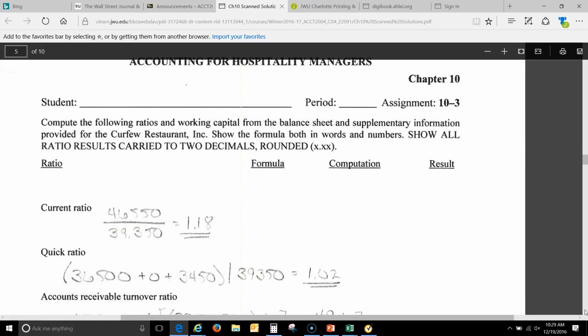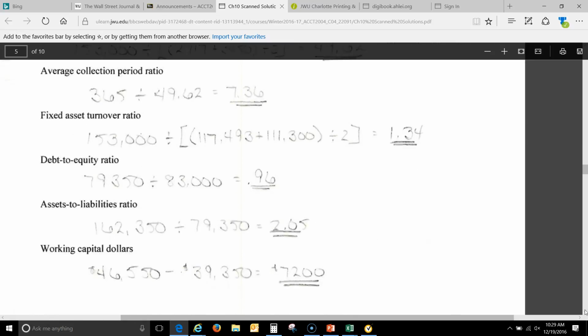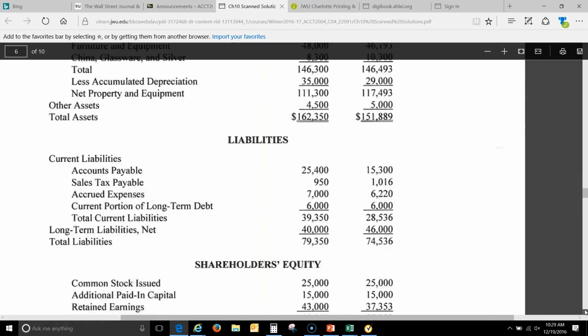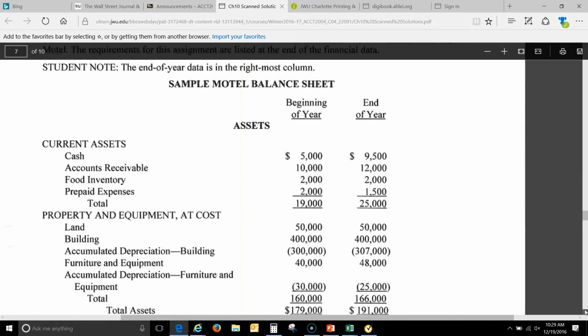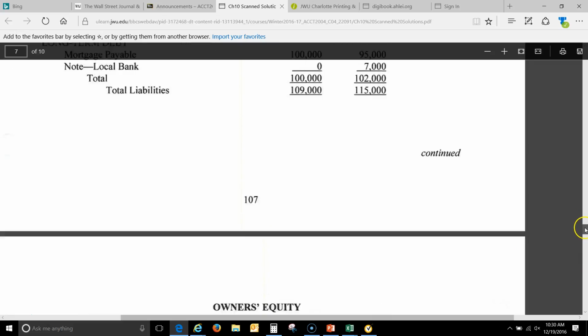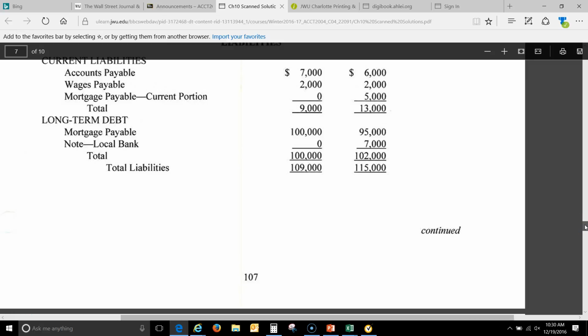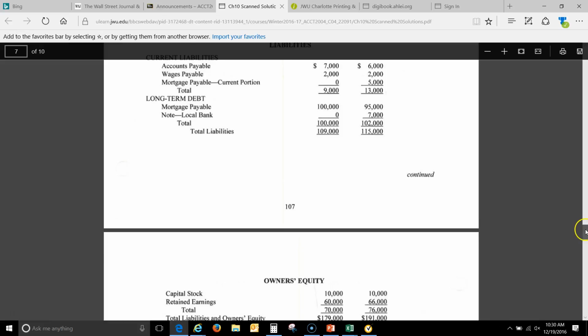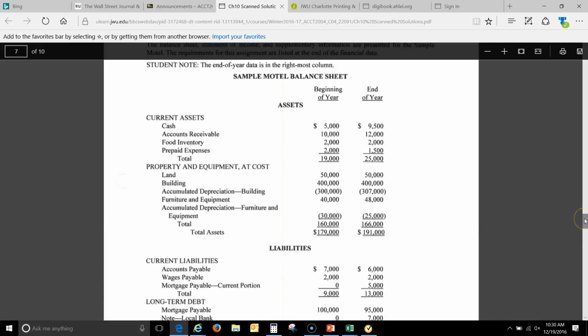All right. Now, let's skip over 10.3 and let's go to 10.4. It's at the top, 10.3. Skip over 10.3 and let's go to 10.4 on page 107.